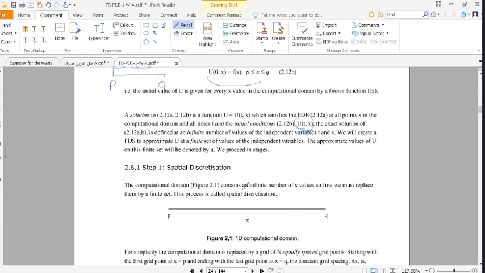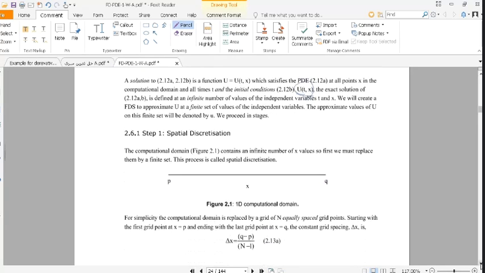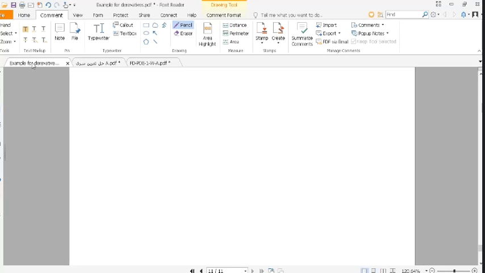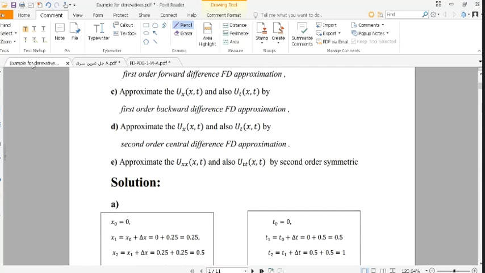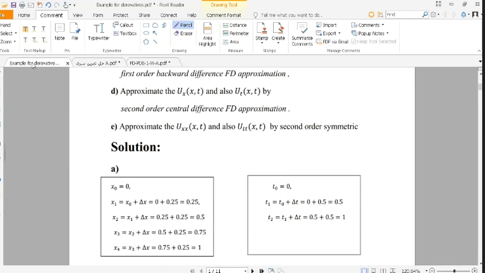The first step is spatial discretization. We are going to discretize the spatial domain, meaning discretization from P to Q. This is familiar to you because in the example I worked for you, you have seen the discretization for x and t.